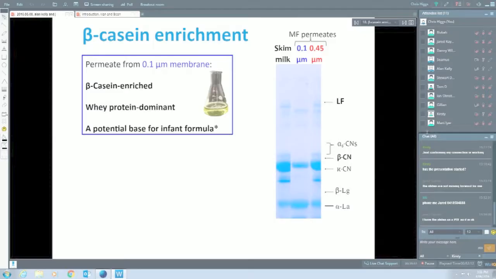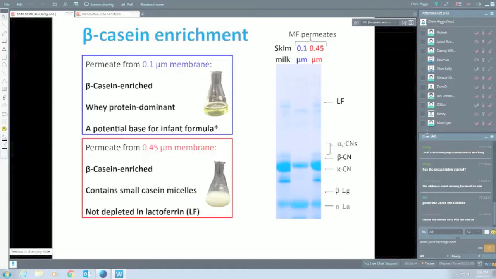And this is basically the starting material for the production of these next generation infant formula ingredients containing native whey proteins enriched in beta casein. But just to mention the influence of porosity of the membranes, when we use membranes with a larger pore size, 0.45 micron, we ended up with quite a different material. As you can see in the photograph there on the slide, it's an opaque, turbid permeate stream.